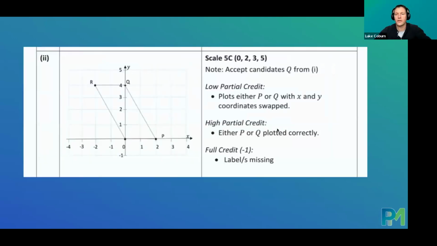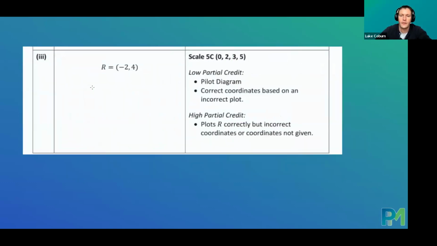And so to get the marks here, if we just plot P and Q correctly, we're already getting 3 marks out of 5, right? So you just have to get those two plotted correctly, and then that will be enough to get you 3 marks out of 5, and then to get 5 marks out of 5, you'd have to have those other two.